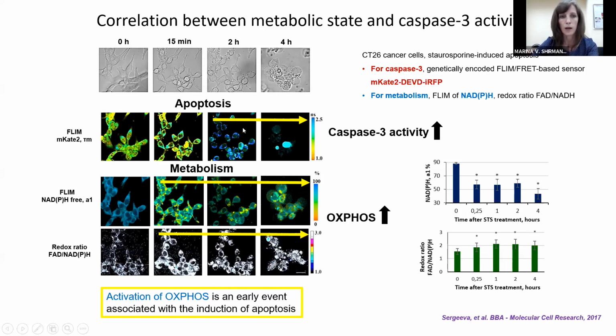Caspase-3 was activated and apoptosis was active in cells. So metabolic changes are a relatively early event associated with induction of apoptosis.